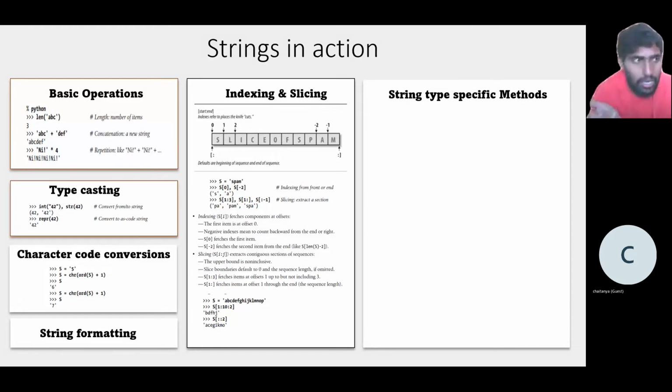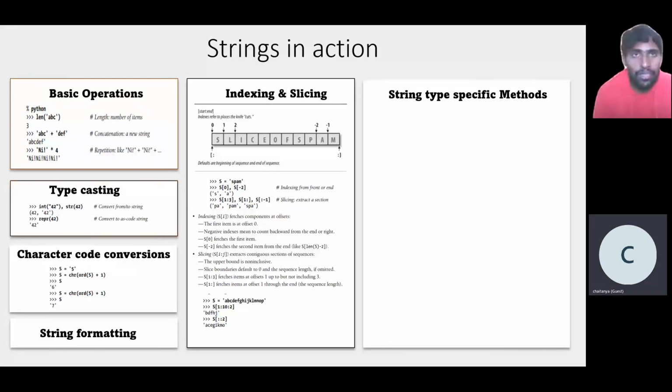Similarly, if you take int 42 and call str, it will convert into a string. So you can convert from int to string, string to int, float to string, string to float. This is called typecasting. It is very useful when we are writing modules.